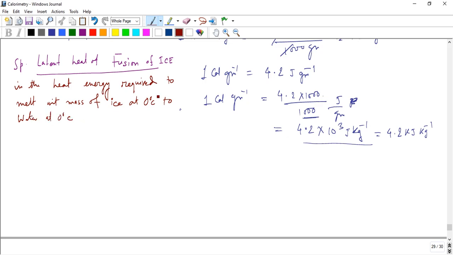The phase changes from ice to water, but temperature is fixed.